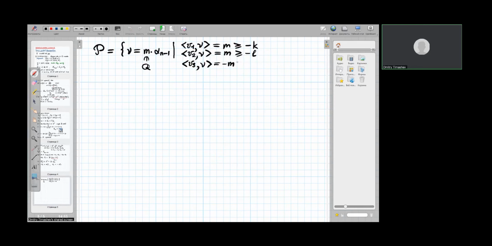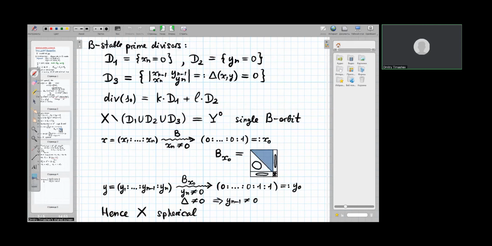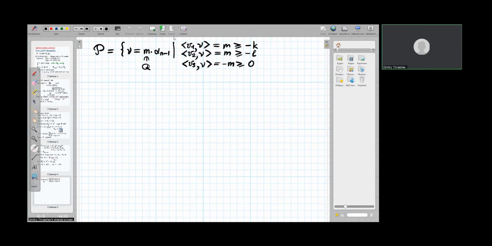And the inequality is that this should be greater or equal than 0, because the multiplicity of D3 in the divisor of the section S0 is 0. So these are the defining inequalities for P. And we see that in this case, P is just a segment on a line.